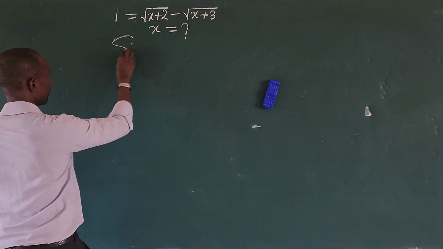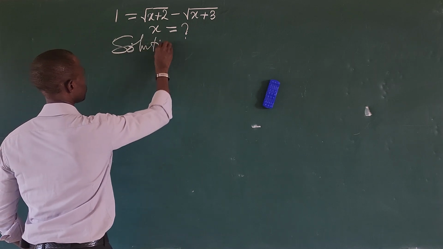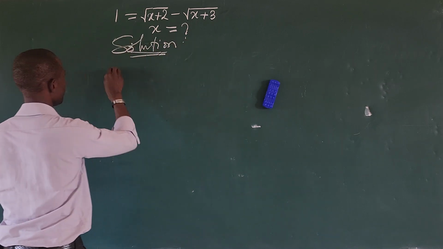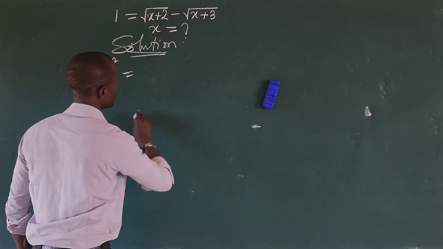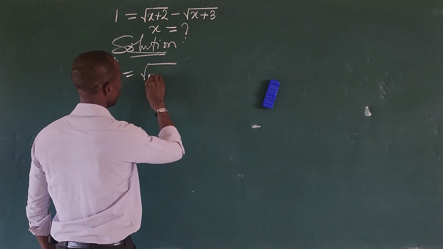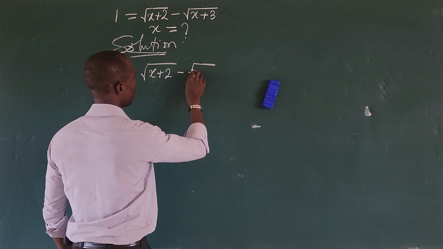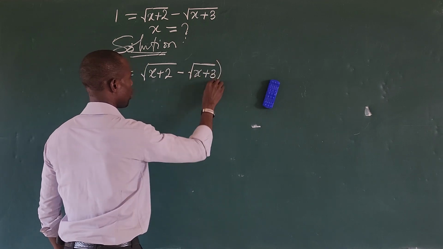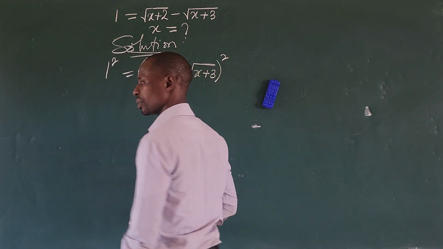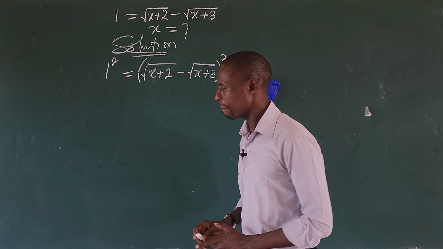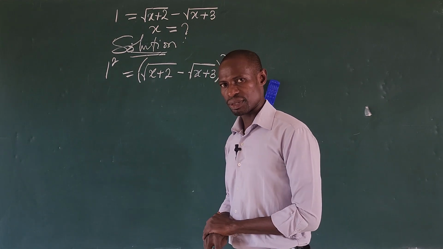So this is going to give us a solution first. The solution we have here: 1 to the power of 2 is equal to the square root of x plus 2 minus the square root of x plus 3, all to the power of 2. Here we're going to go gradually, or we can just skip some steps.